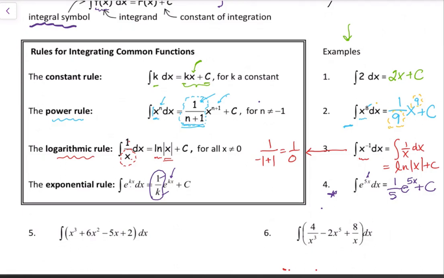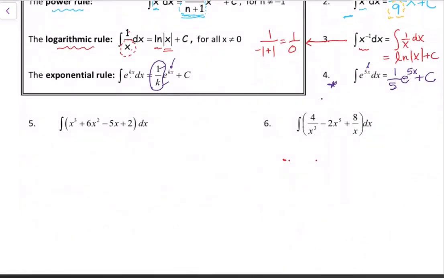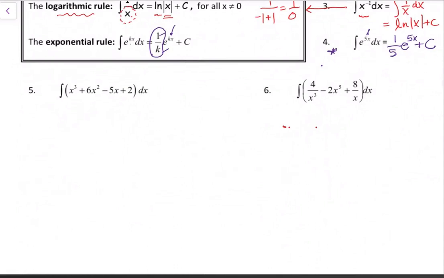Okay, so let's put all of these rules together and take a look at some examples. Now, if you remember when we first learned derivative rules, we always talked about having to rewrite the function in what I called polynomial form, which means that I need each one of my terms to be written as a coefficient, variable, and power.